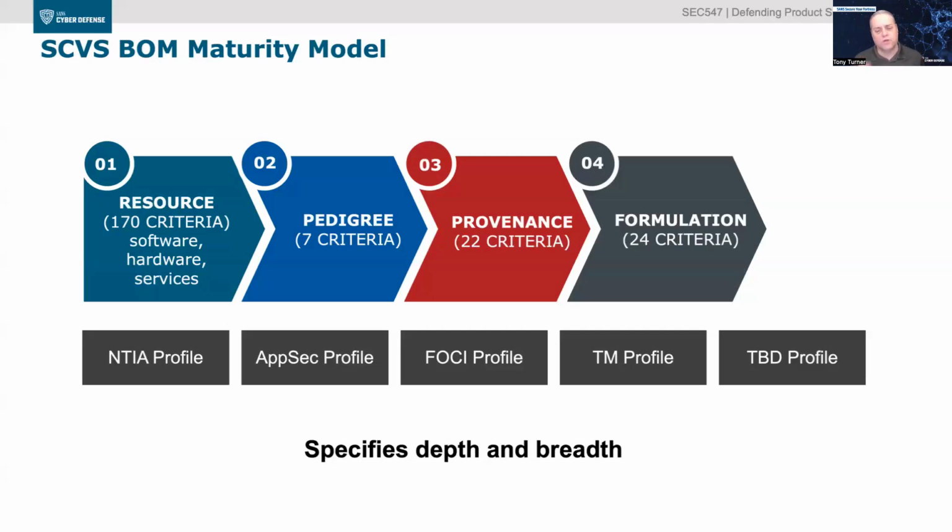I highly recommend you go check out the Software Component Verification Standard, not only for the BOM maturity model, but for the great framework that they provide. It provides a lot of value just within our supply chain assurance activities, everything from describing what should be part of our build process, to our inventory, to our SBOM, provenance, and a bunch of other really great criteria.